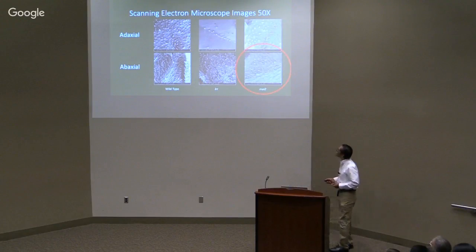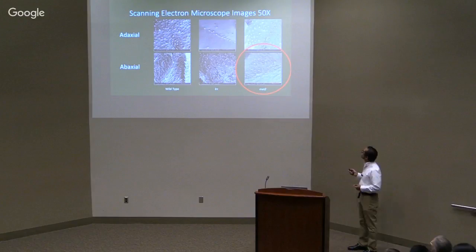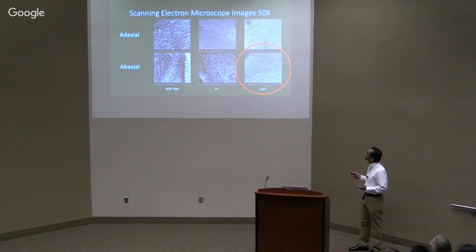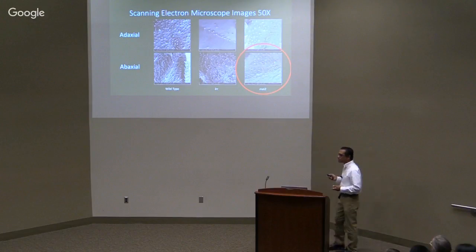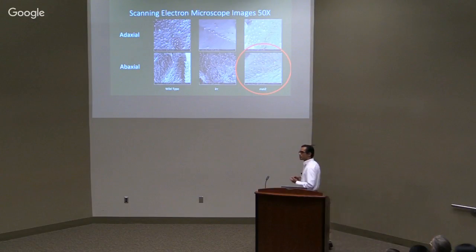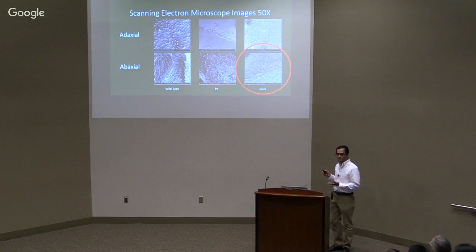Now, the MY2, you'll notice that both the abaxial and the adaxial have similar trichome structures, and they actually look very similar to the adaxial side of the wild type. So there appears to be some type of polarity mutation occurring where you end up with potentially two top sides of the leaf as far as trichome development is concerned.